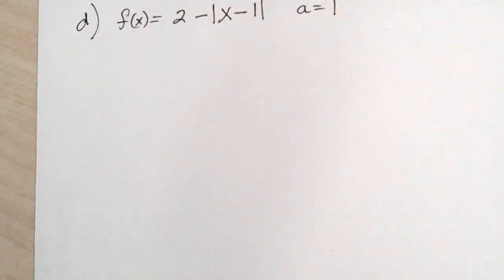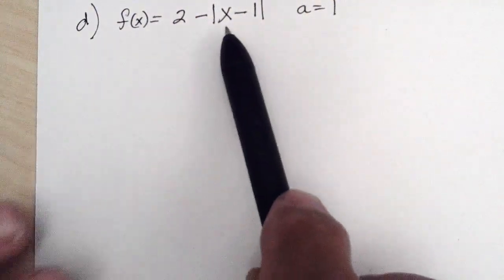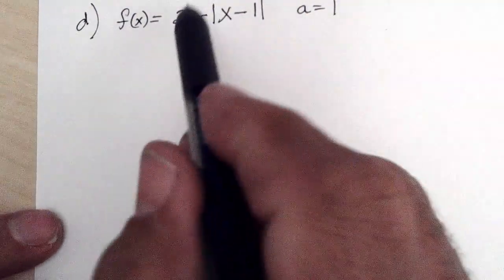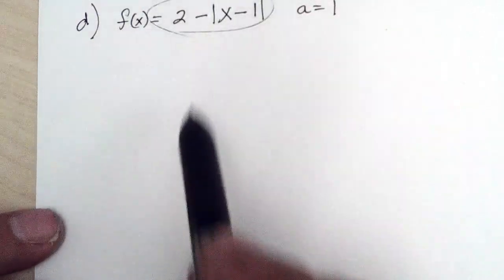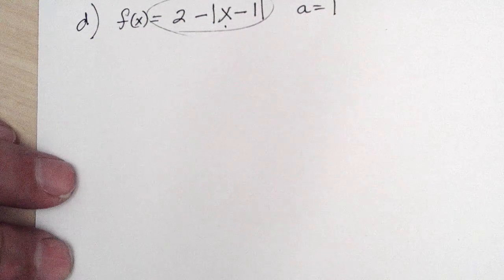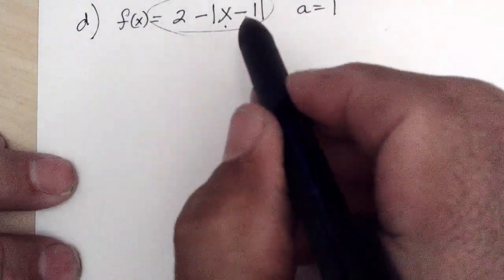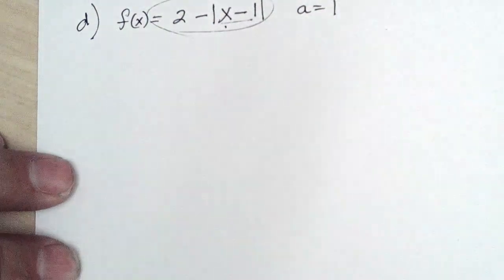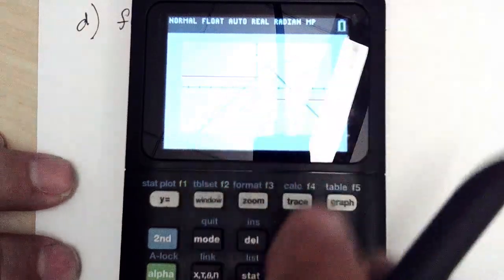Now, if you try to do it with algebra, you'll get two different answers, because to do the algebra on this, you have to write the absolute value as a piecewise function. So this thing changes at 1.